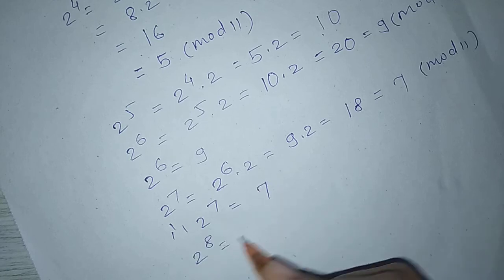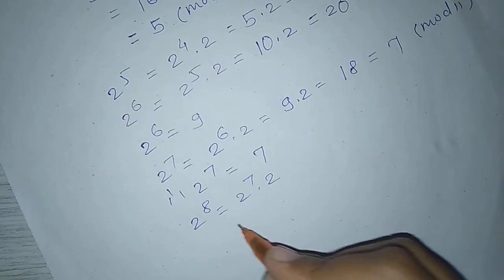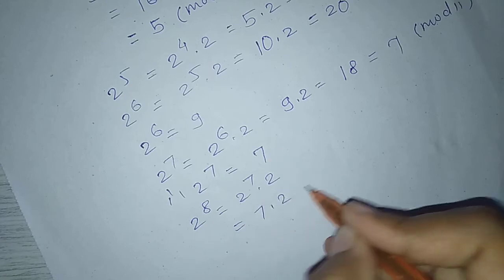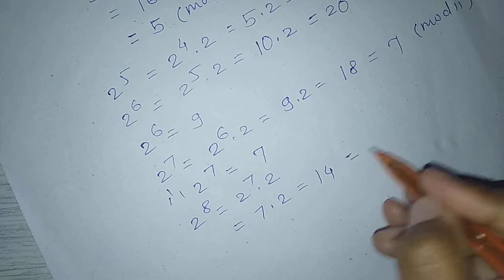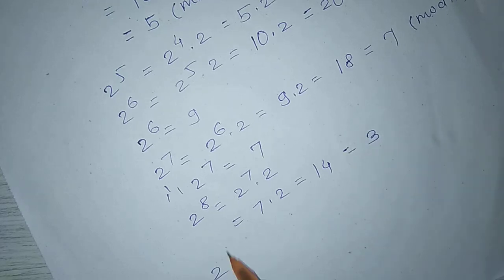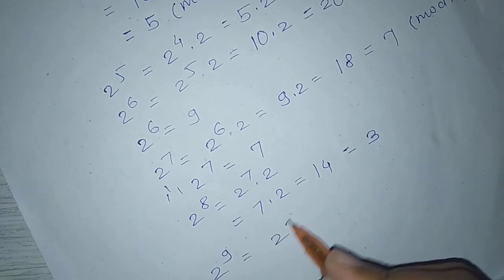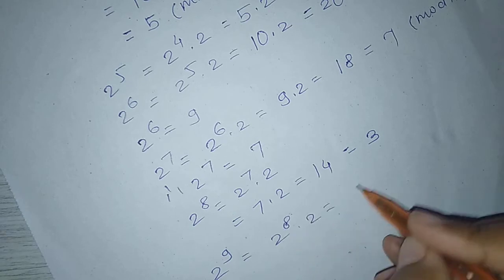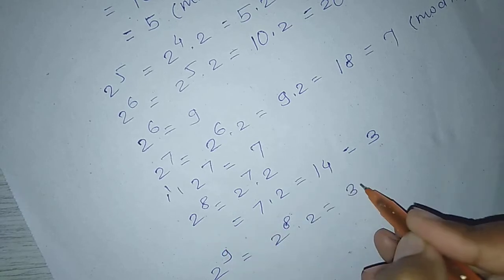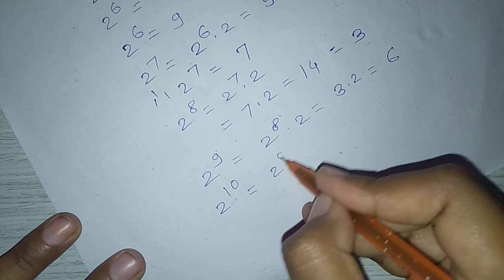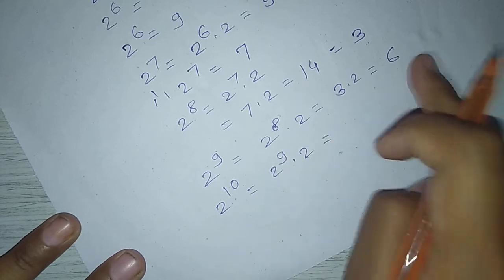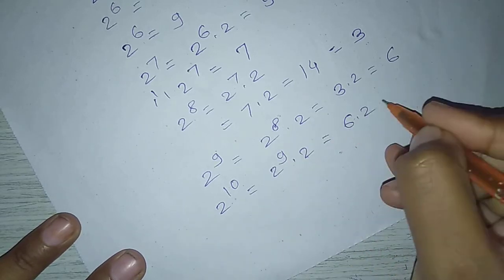2 raised to 8 equal to 2 raised to 7 into 2. 2 raised to 7 is 7. 7 into 2 equal to 14. Under modulo 11, 14 is 3. 2 raised to 9 equal to 2 raised to 8 into 2, and 2 raised to 8 is 3. 3 into 2 equal to 6. 2 raised to 10 equal to 2 raised to 9 into 2. 2 raised to 9 is 6. 6 into 2 equal to 12.